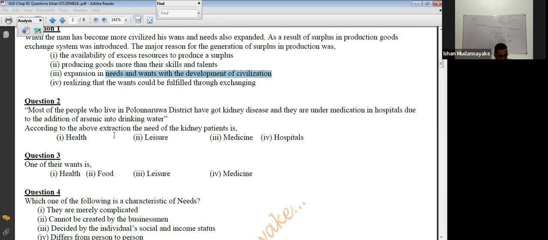Most of the people who live in Panora district have got kidney diseases, and they are under medication in hospitals due to arsenic added into drinking water. According to the above extract, the need of the kidney patient is. What's the answer for question number 2? Need of kidney patient.